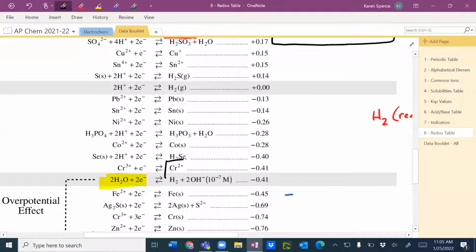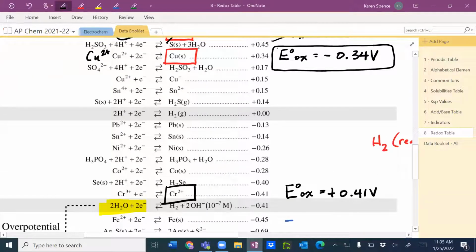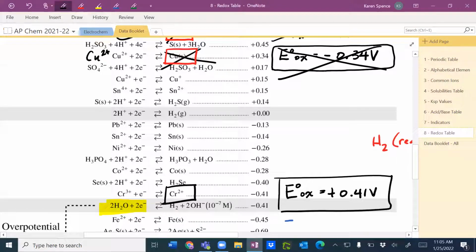It looks like we may have a winner, because chromium 2+ has an oxidation potential of positive 0.41 volts. And so that would be better than the copper. So copper's been knocked out of the running because that is our highest oxidation potential. So at the anode, chromium is going to go from chromium 2+ to chromium 3+.